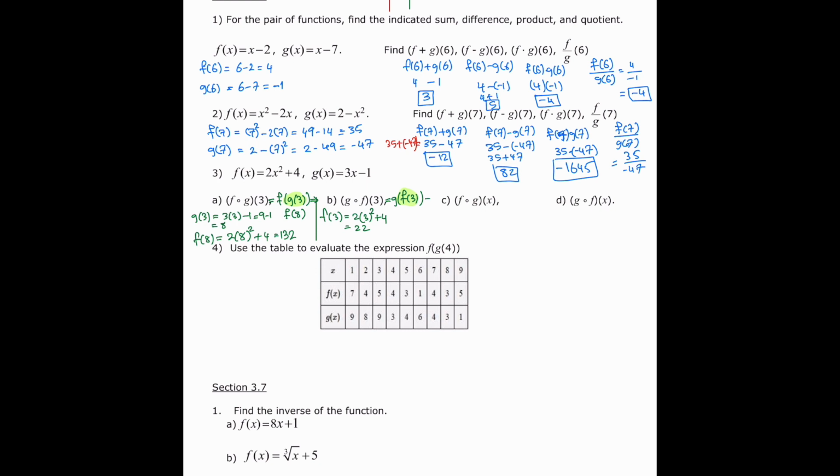So now this becomes g of 22. I know that g of 22 is equal to 3 times 22 minus 1. That is 66 minus 1, which is 65.